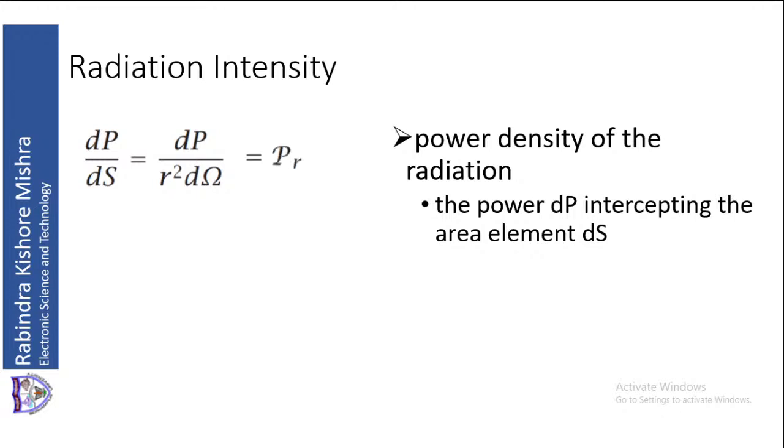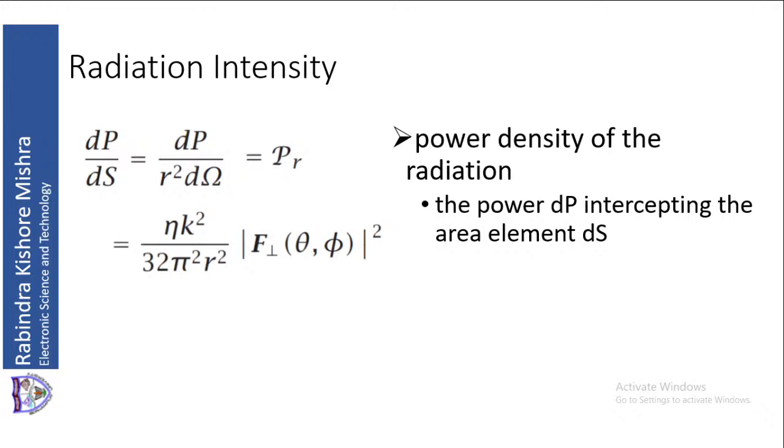So dP by r square d omega will be equal to PR, the power density. dP by dS gives the power density. Power density is defined by this. So PR is equal to dP by dS. We have found the expression for PR. The expression is eta k square by 32 pi square r square into absolute F perpendicular square.